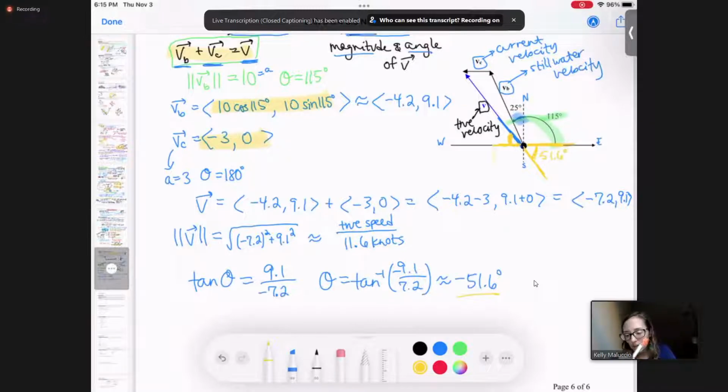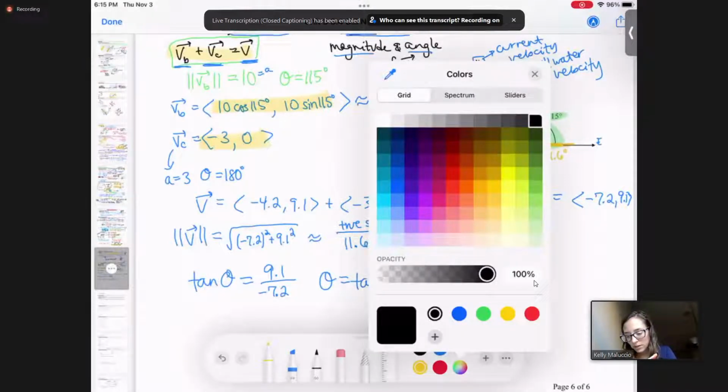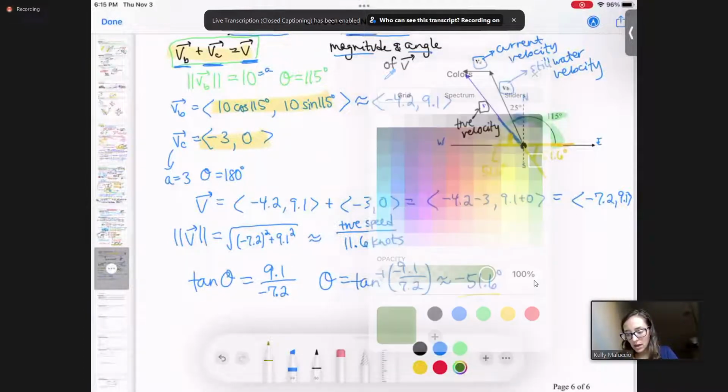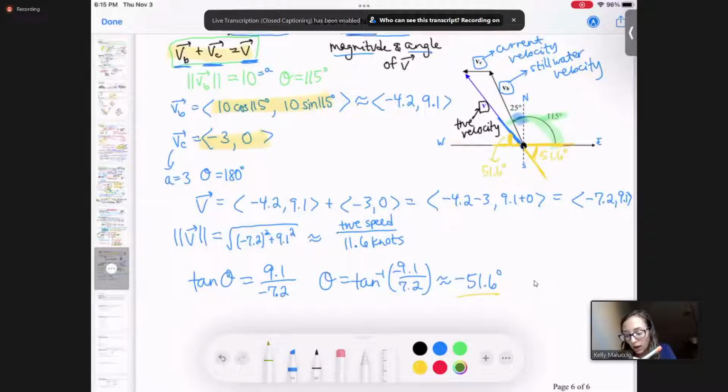So this angle here is also 51.6 degrees, just like the angle formed by the blue and the yellow lines. And if what we want is the angle from the north to our new V vector, we want this dark green angle, and we want to know what that is.